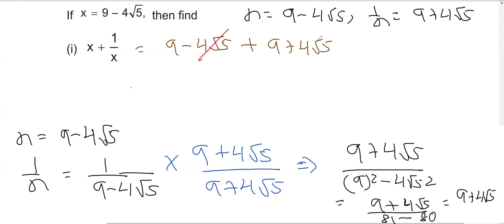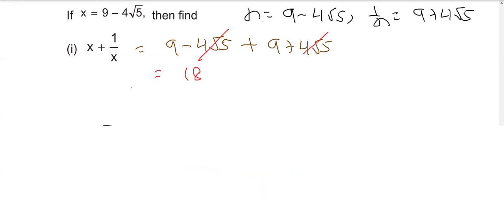So you see that these two terms get cancelled, and we get 9 plus 9 as 18. This is how we get the value of x plus 1 by x. So we got the value of the first part: x plus 1 by x is 18.